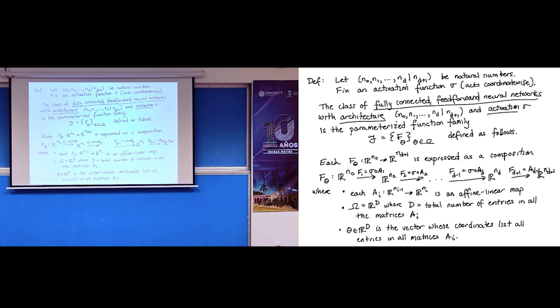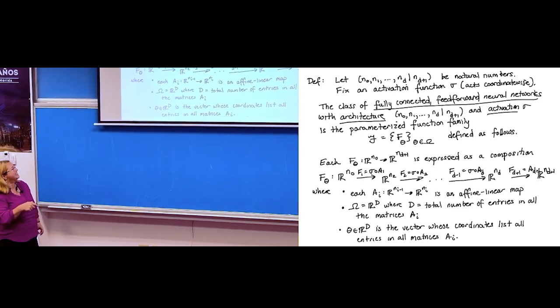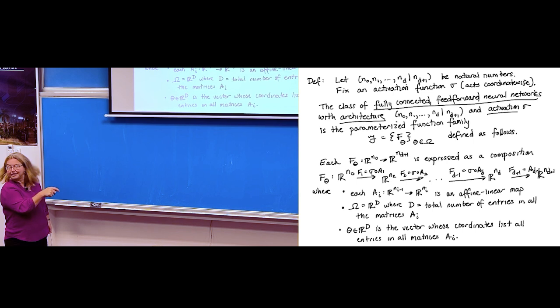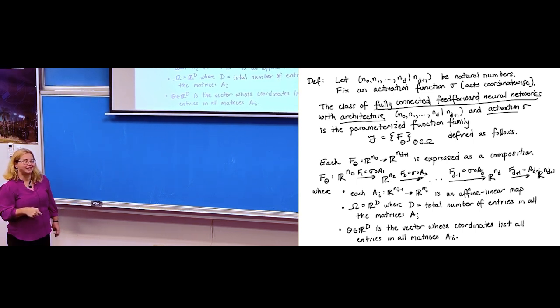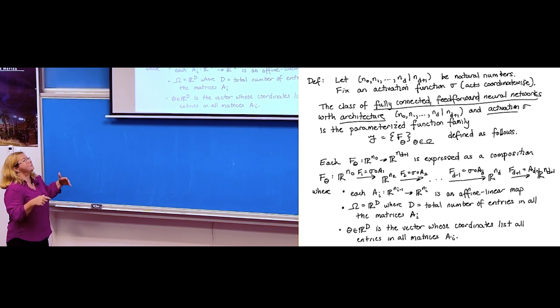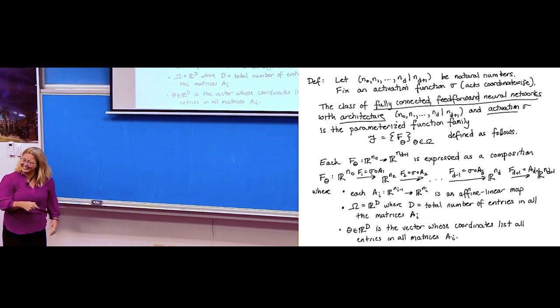Right, so I said that these are affine linear maps, but I could think of an affine linear map as a matrix, and I just list all of the elements that are in all of the matrices as a vector, and that is your parameter theta. All right, so that's the definition of a fully connected feed-forward neural network with ReLU activation function.